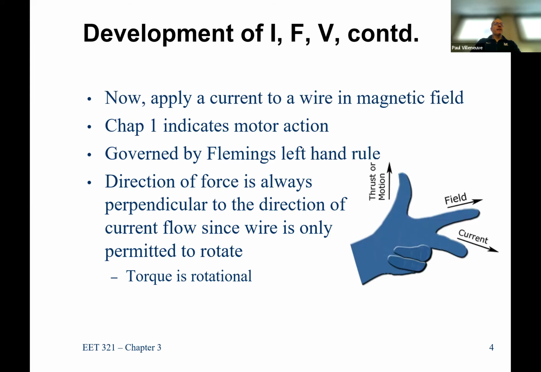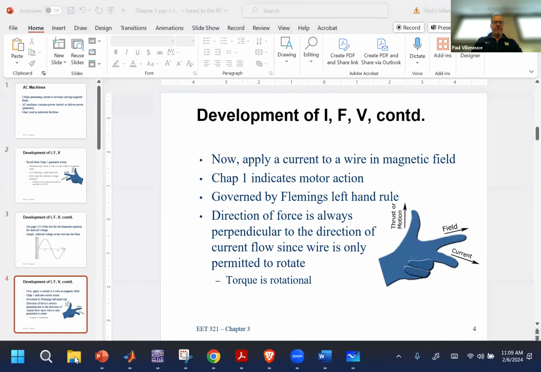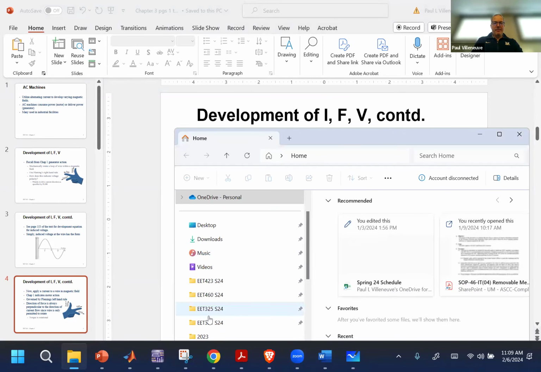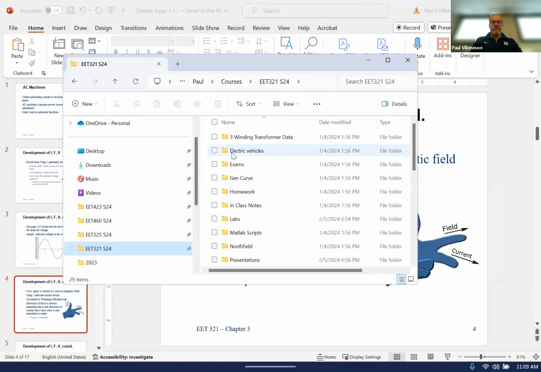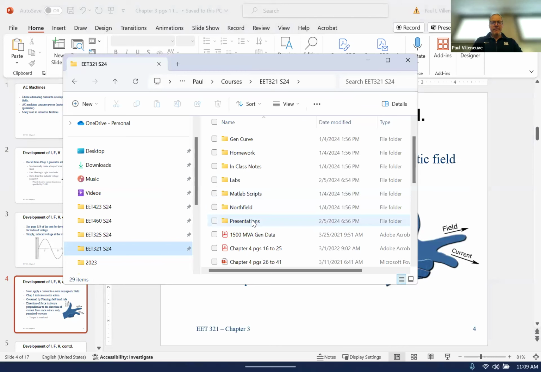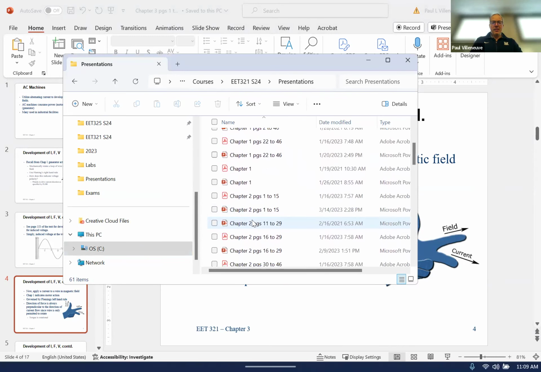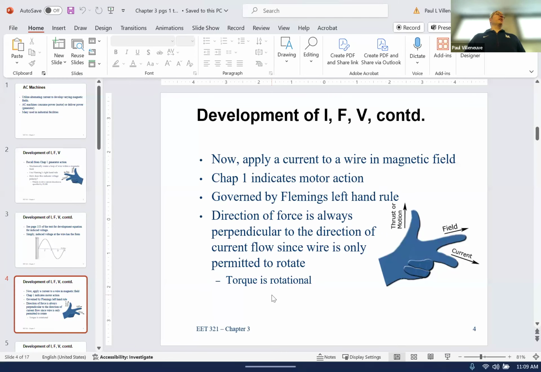Am I off by a day? Yeah. Let me look at the syllabus. I might have put them in the wrong spot. Let's see. Oh, you're right. Sorry. I forgot about end of chapter 2. So we'll pick this up on Thursday. Actually, no, we won't even pick it up on Thursday, because Thursday will be the exam 1 review, right?